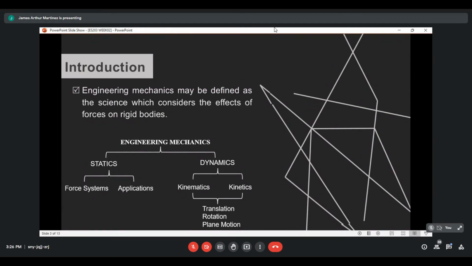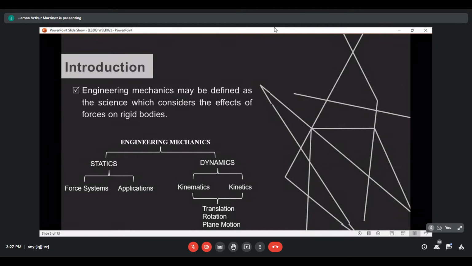Most probably, in my projection, the coverage until midterm would only be translation, since translation has two classifications. We have what we call rectilinear translation and curvilinear translation. When we say rectilinear translation, the movement is along a straight path only.